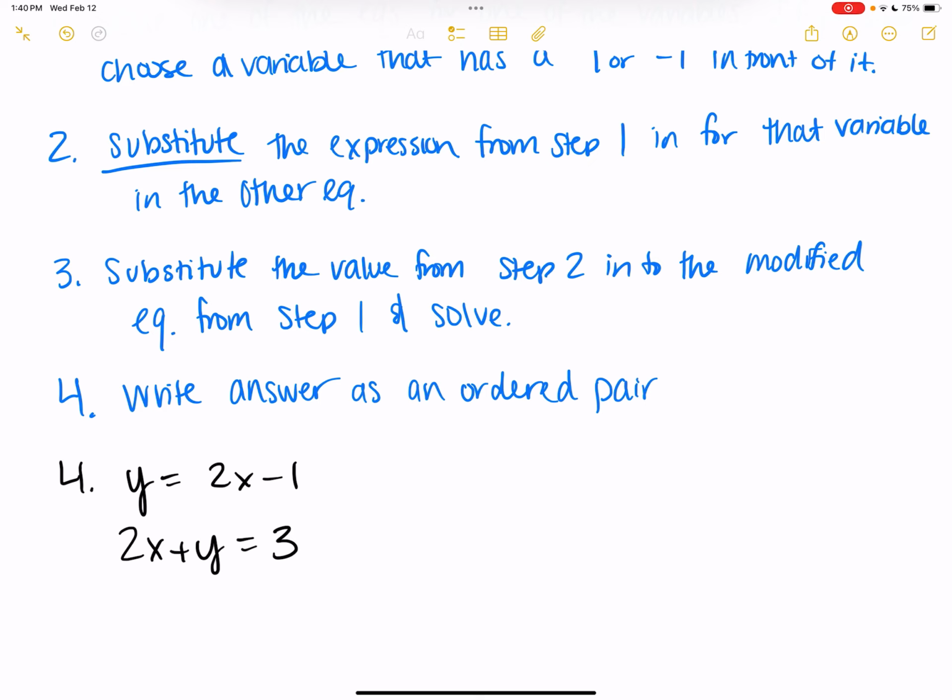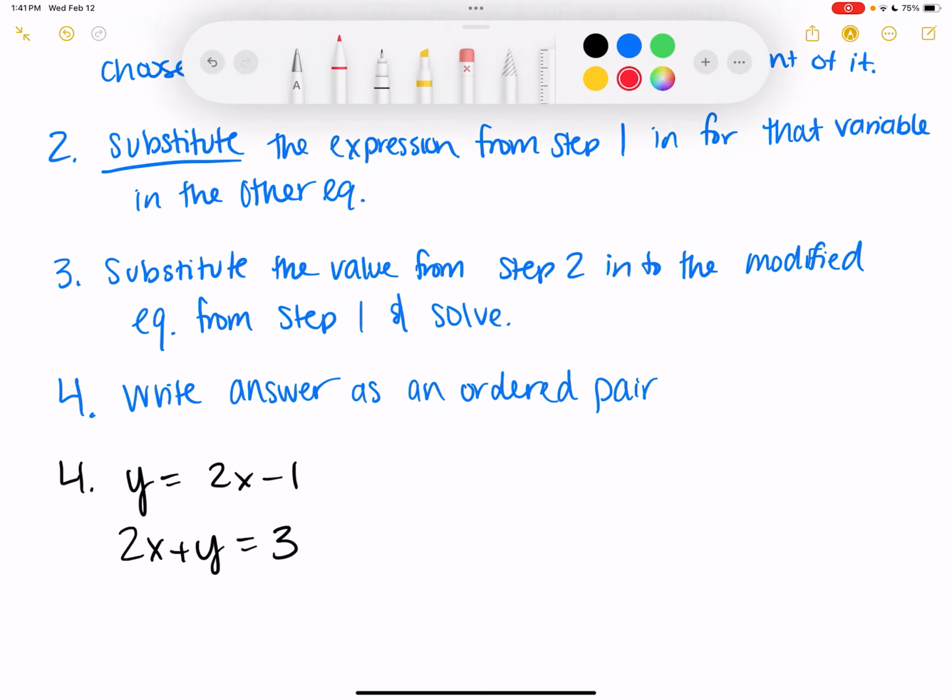They've already solved one equation for a variable for us. That would be this first equation here. So I take this part and plug it in for y in the second one.